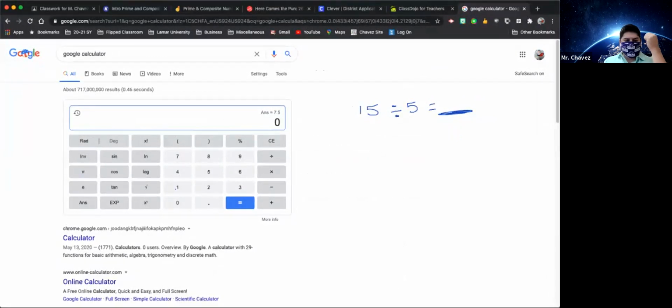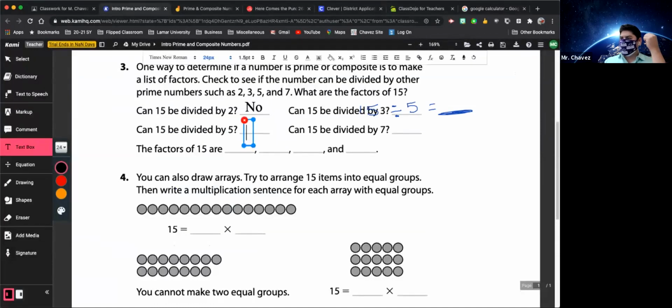Oh, wrong one. If I get 15 divided by 5, you see how we get a whole number, 3? So that means it can be divided. So I'm going to put here, yes. Right there.